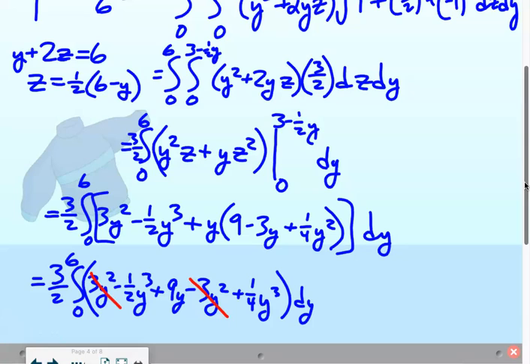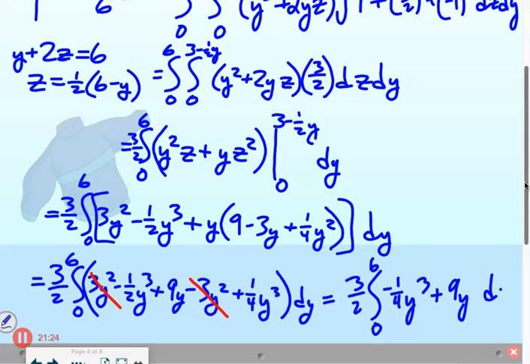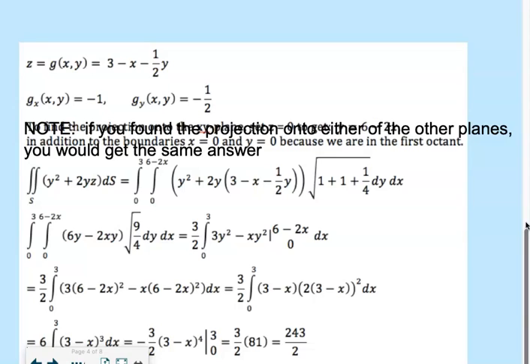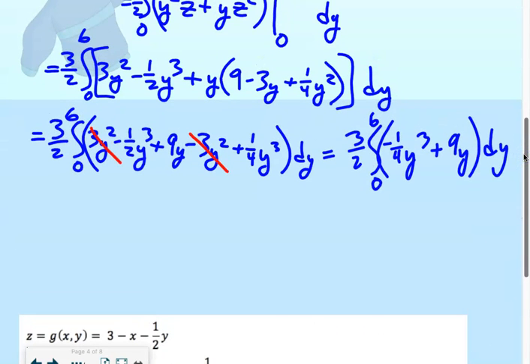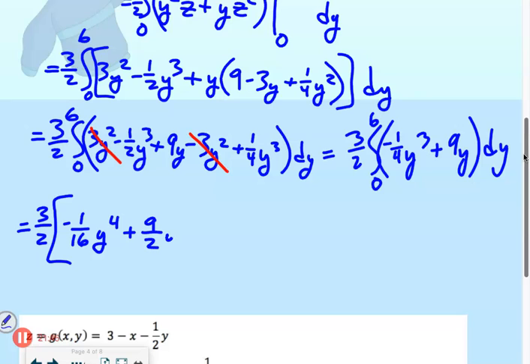So, from 0 to 6, negative 1/2 plus 1/4 is negative 1/4 y cubed plus 9y. All right, let's integrate. So, negative 1/16 y to the 4th plus 9 halves y squared, evaluated from 0 to 6.